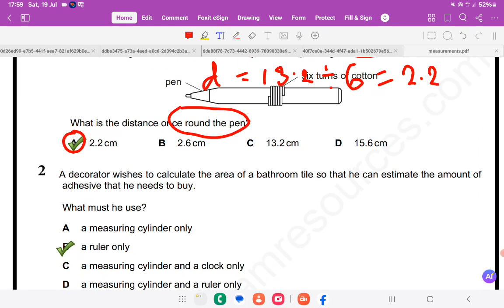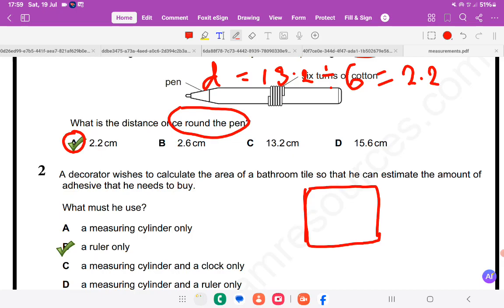Alright, question number 2. A decorator wishes to calculate the area of a bathroom tile so that he can estimate the amount of adhesive that he needs to buy. So we have here a tile. A tile usually is rectangular in shape.